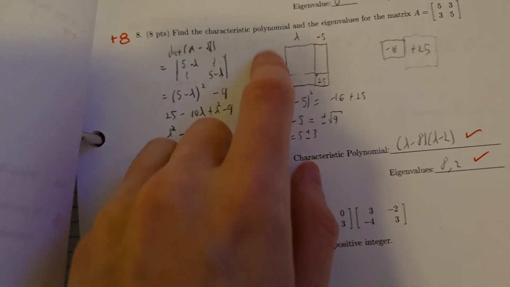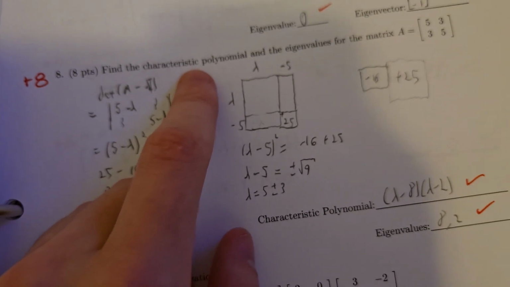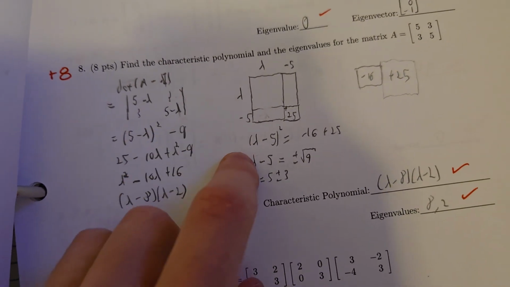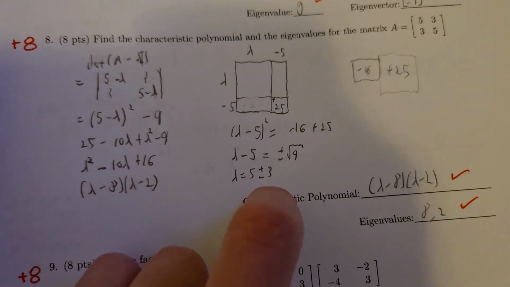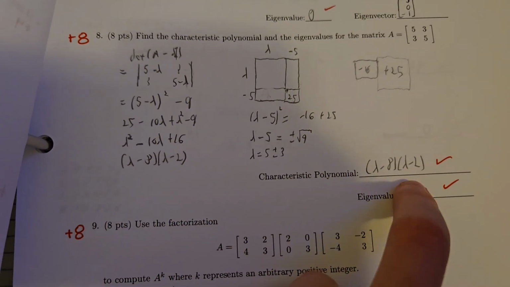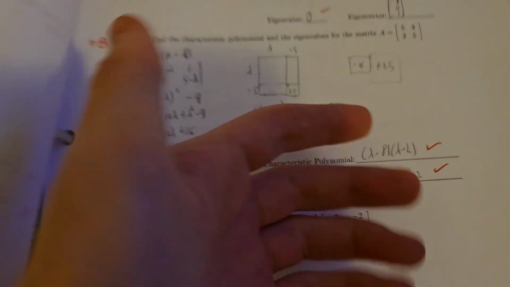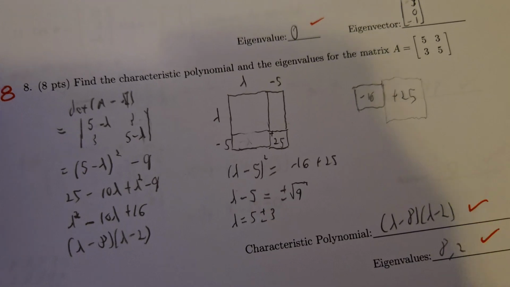So here's the factored version. But what I did first was I literally drew out the square and completed it. And so this was the first step I did. And I get the same answer, and I got it right on the exam. So, in my opinion, it's more elegant.